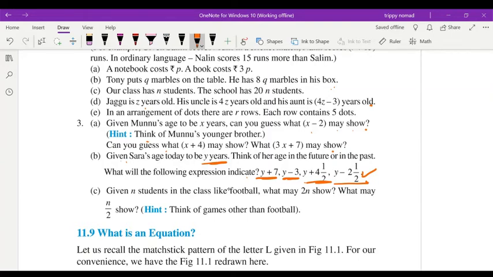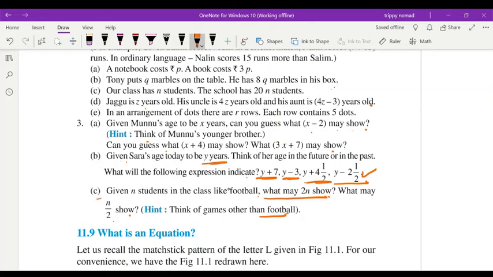Now next, C part. Given n students in the class like football, what may 2n show? What may n by 2 show? Think of the games other than football. It may be badminton. 2n shows twice the number.